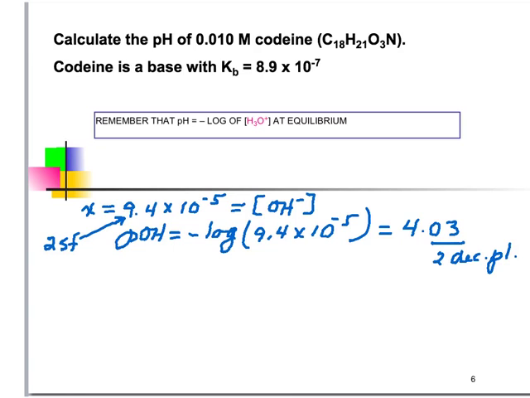Well, that's pOH, and the relationship between pH and pOH is pOH plus pH equals 14, which comes from the Kw, which is 1 times 10 to the minus 14. So you're going to take your 14 minus 4.03 to equal 9.97. And that should be the pH.